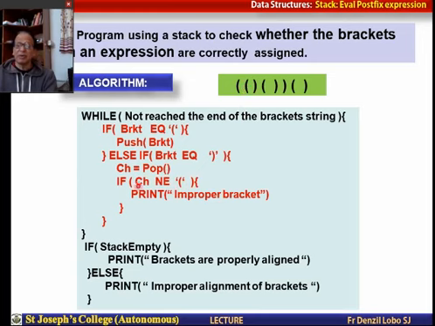If it is not so, we say there is an improper bracket. Or if everything goes well, but if there is one bracket or two brackets left on the stack, or the stack is not empty, that indicates that brackets are not properly aligned. So this is how you find out whether a set of brackets is properly aligned.